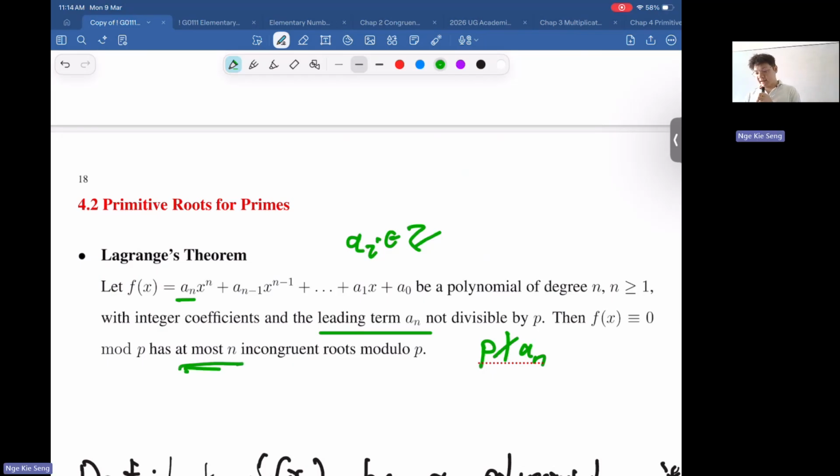At most, not exactly n. This is slightly different from the fundamental theorem of algebra, which says that if you have degree n, you must have n roots. Here, at most n of them; you cannot get more than that.